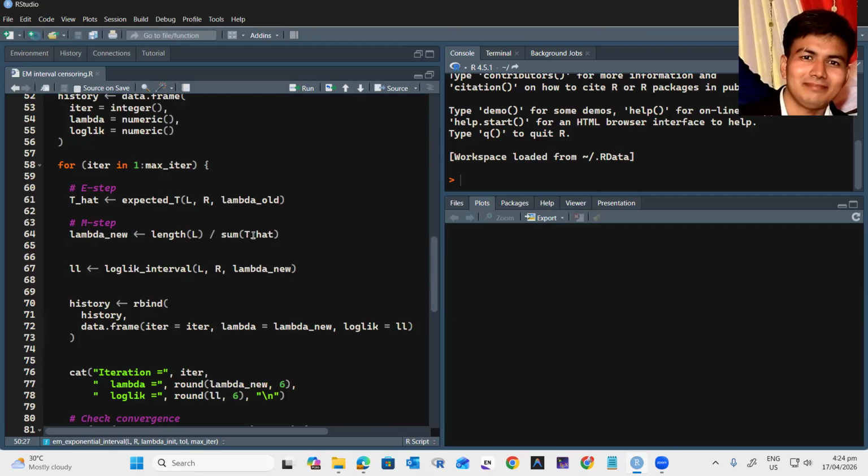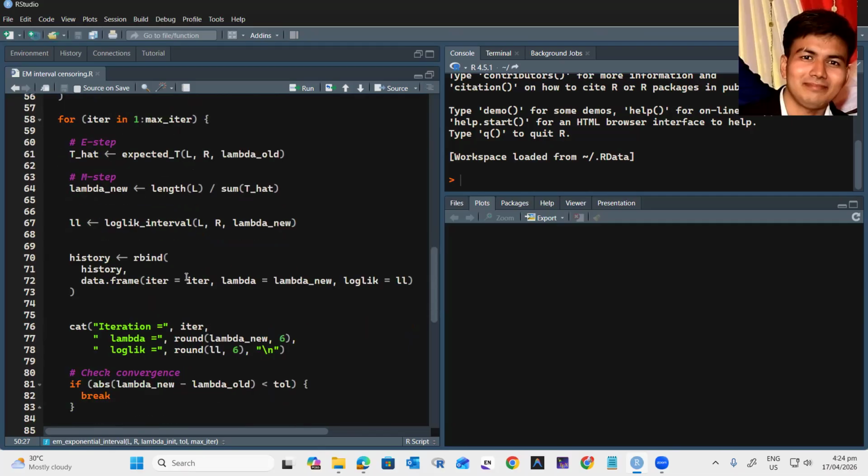All right, and we are going to take the sum of those expected values of T, and in LL we have the log likelihood with L, R and lambda new. So it will compute the observed data log likelihood after the M step. All right, after that we are going to save the history.